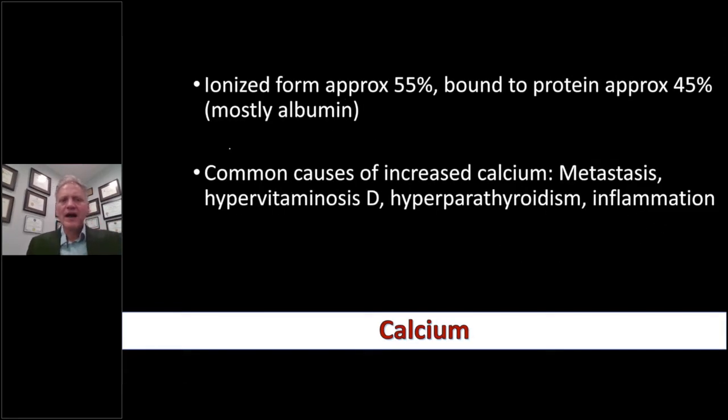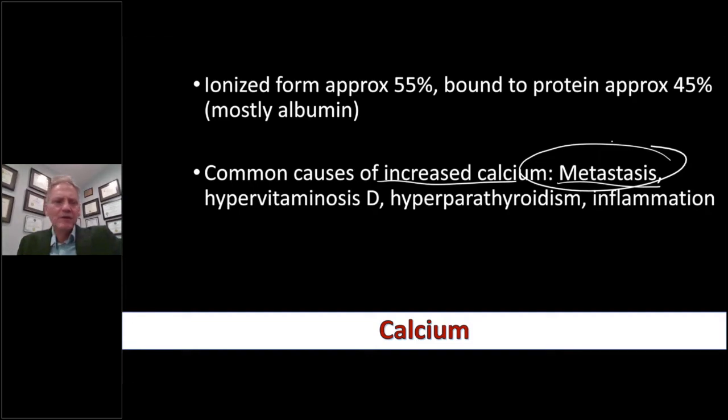All right, so common causes of increased calcium can be metastasis. As chiropractic internists, we're going through this process and we want to be able to evaluate if somebody has metastasis. Keep in mind, we're always looking for patterns. When it comes to cancer, we never want to miss that, of course. But keep in mind, the older a patient gets, the more likely cancer can be present.